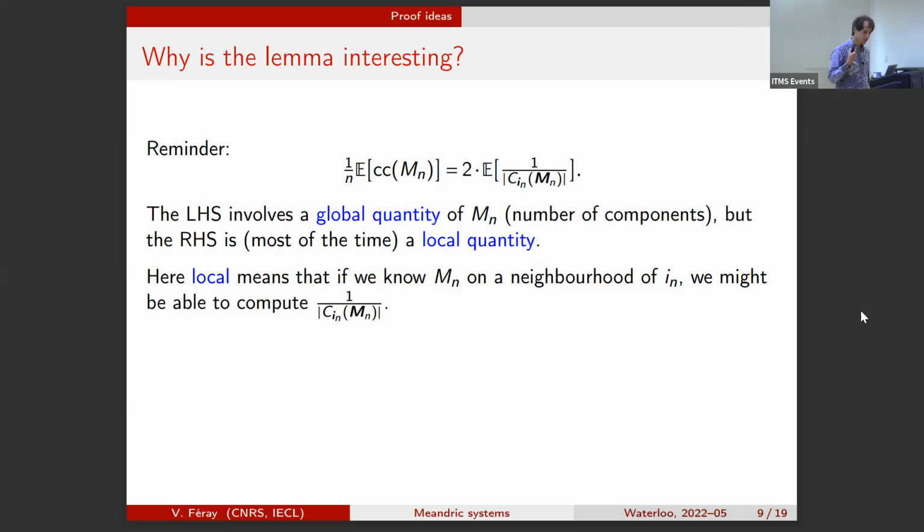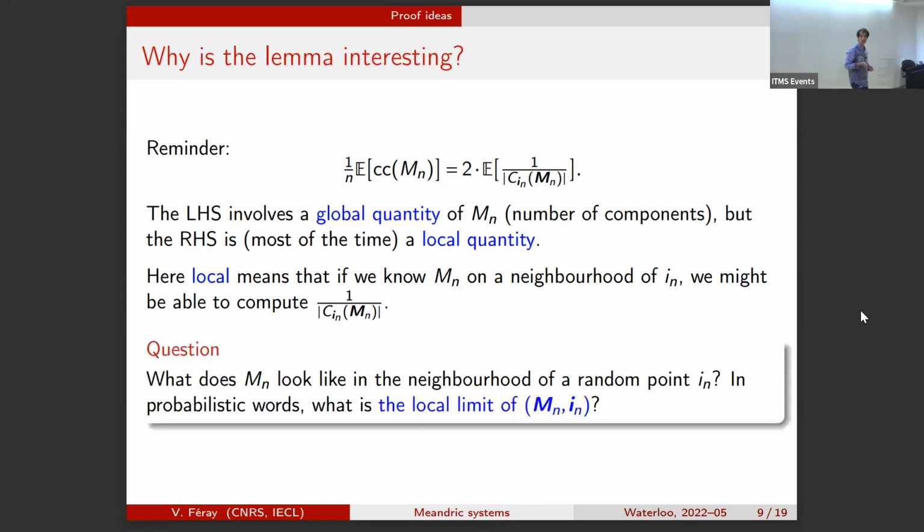So if you want to tell how this expectation of the inverse size of the component looks asymptotically, what you should do is tell what a marked meandric system looks like locally around its marked point asymptotically, okay? And that's what we did.